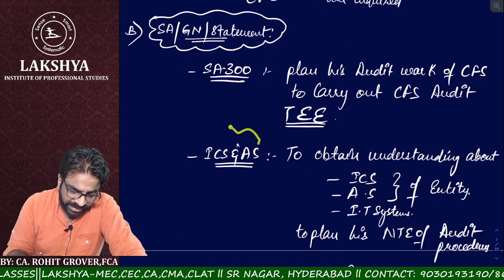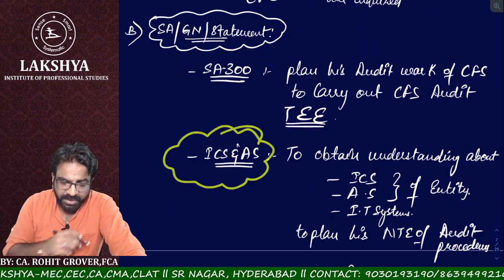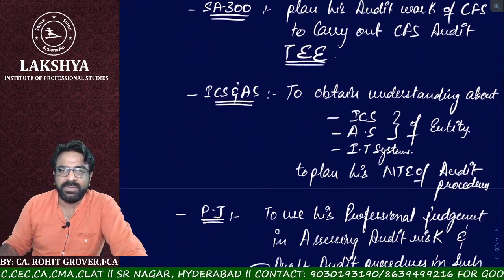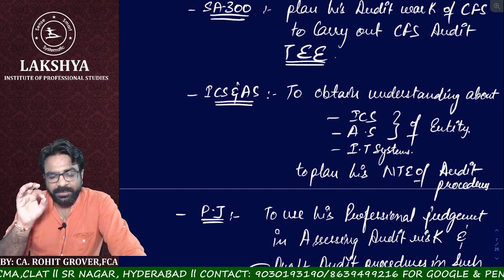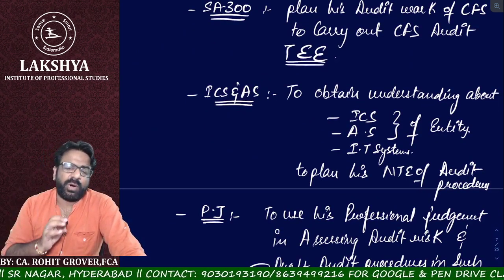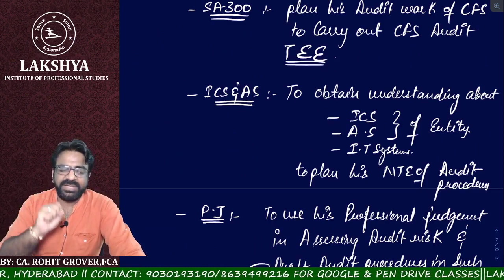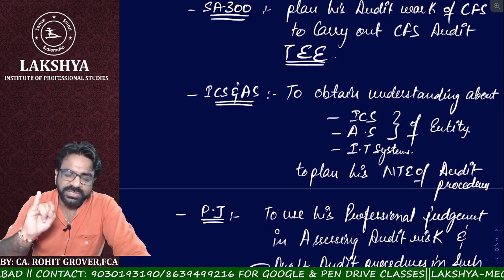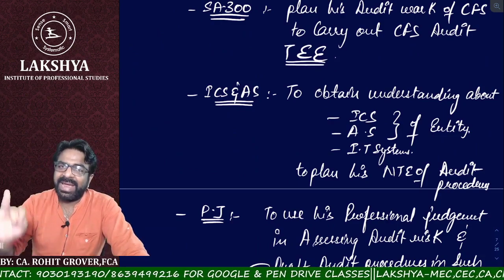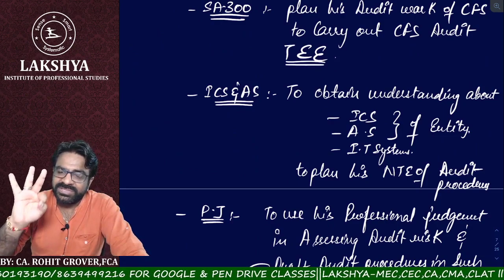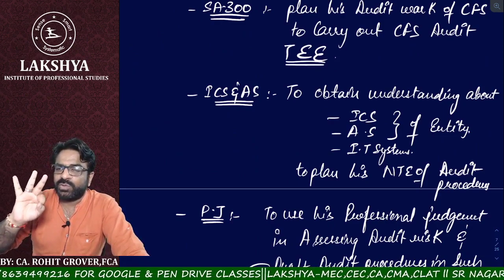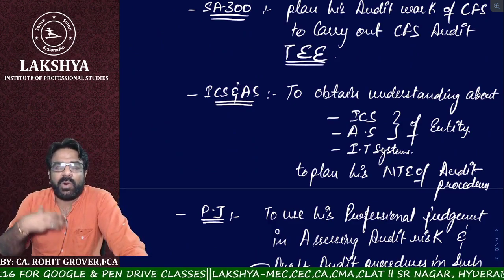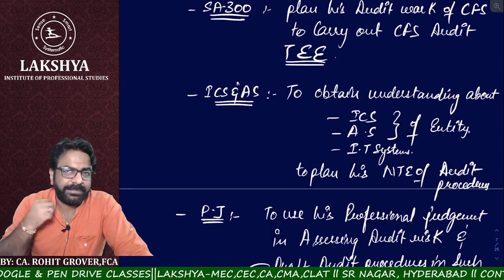Right? Now, the second thing: internal control system and accounting system. As an auditor, we always have to obtain a better understanding of the internal control system, accounting system, and IT control systems of an entity so that I can plan my audit procedures accordingly.